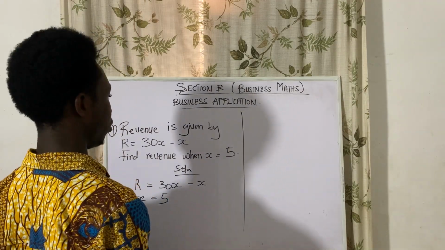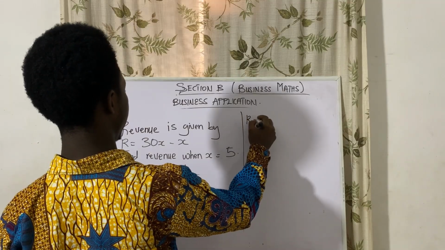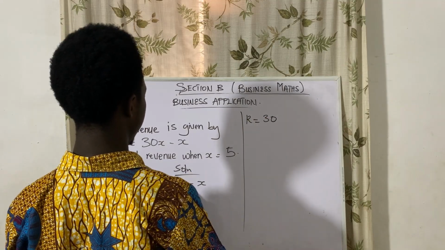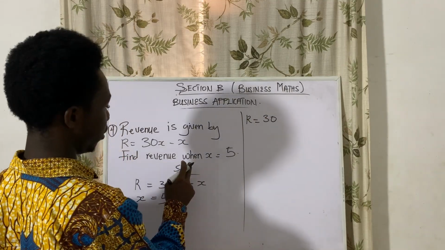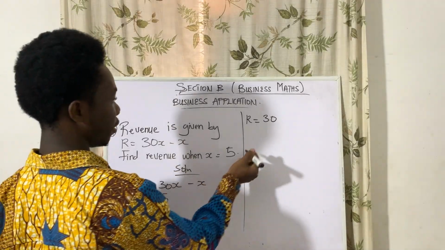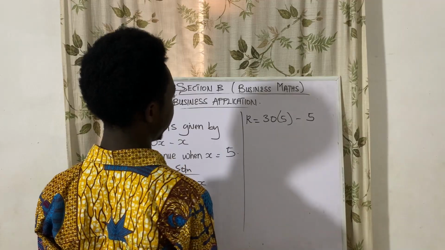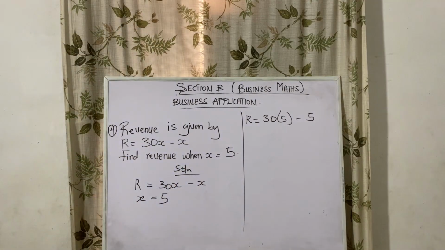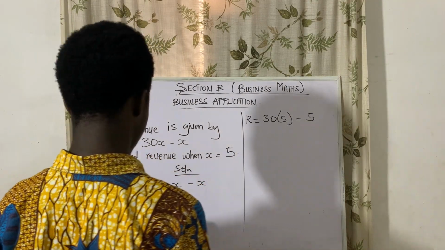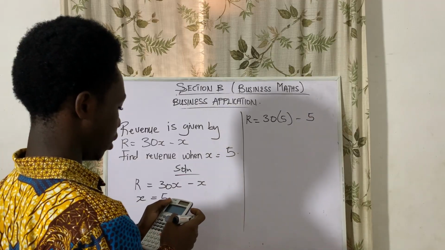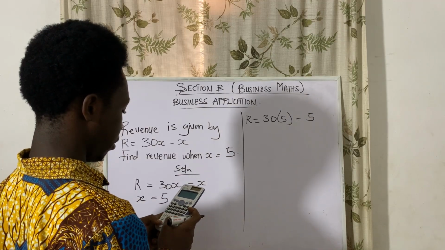So this is simple. We have our R, the revenue, 30. They said find revenue when x is 5. So the x will be 5, minus another 5. So you multiply 30 by 5.